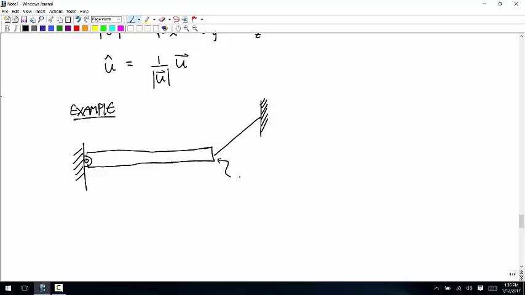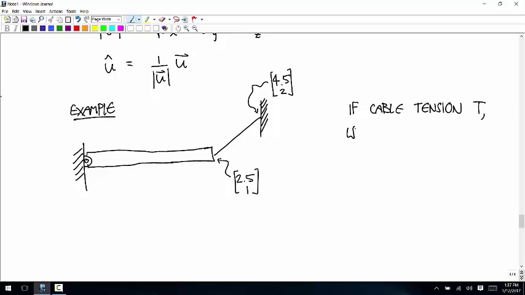Let's say the coordinates of this point are (2.5, 1), and the coordinates at this point are (4.5, 2). If the cable tension is T, what's the force vector applied to the bar by the cable?